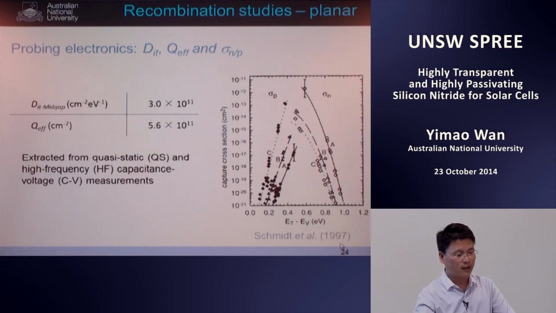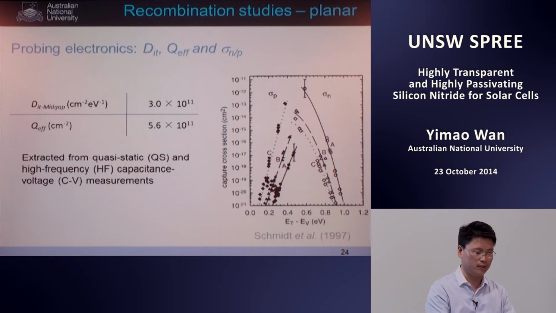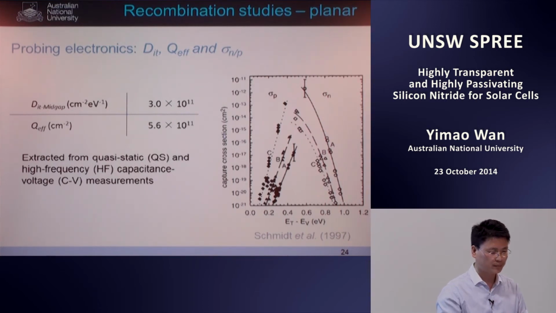What he got is there are 3 defects in silicon nitride: defect A, B, and C. And these 3 unique defects have quite unique capture cross sections for holes and electrons. So I take these 3 defects and combine the DIT and the charge measured from the CV measurement. Then we can model the recombination for different defect types.